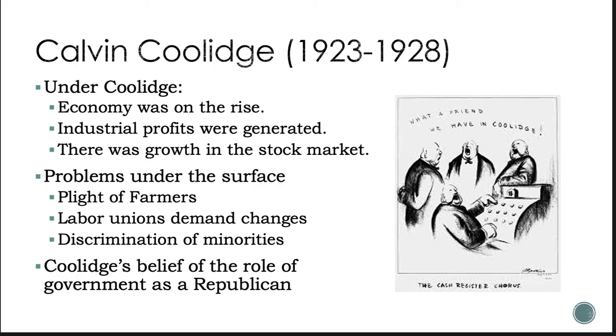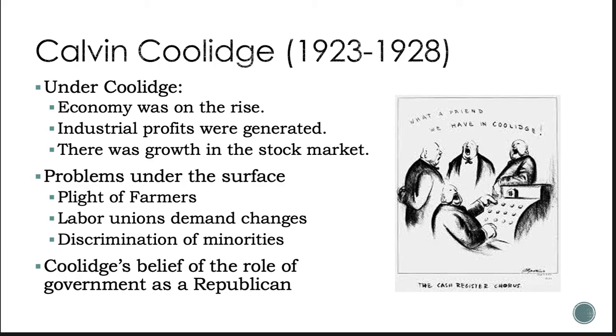Coolidge believed that the role of the government as a Republican is to stay out of social issues. We are reversing the role of the government from those progressive era reforms. So when we hear these problems underneath the surface, the government is not going to come to the aid of the people who are demanding change again, or at least demanding the government keep up with their end of the bargain.